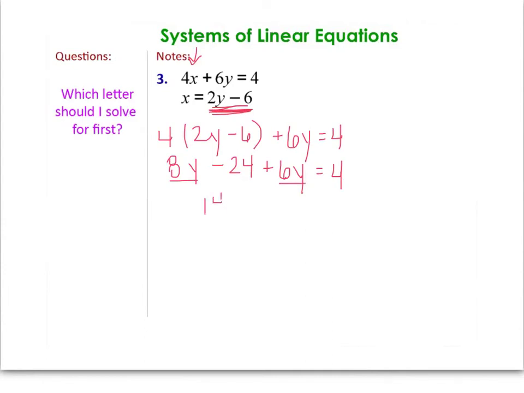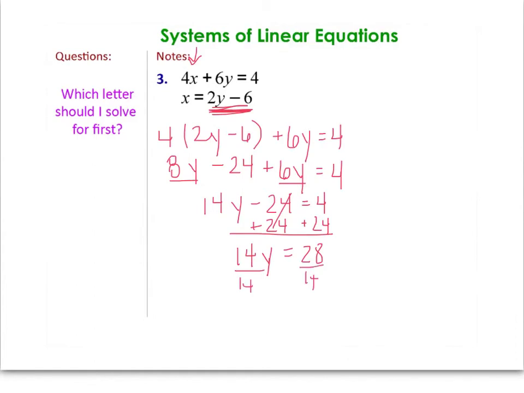I have 14y minus 24 equals 4. Add 24 to both sides and I get 14y equals 28. If I divide both sides by 14, I get that y equals 2.